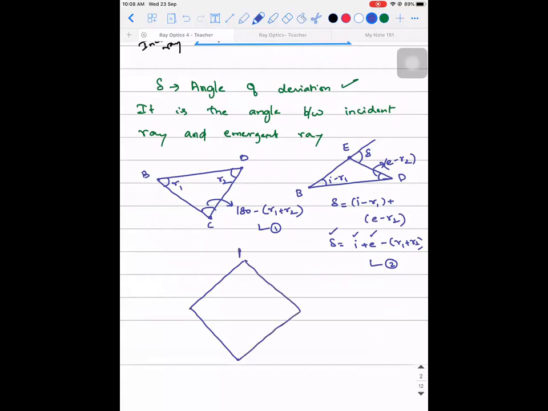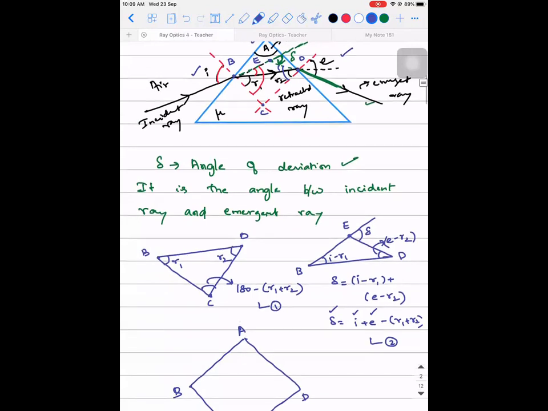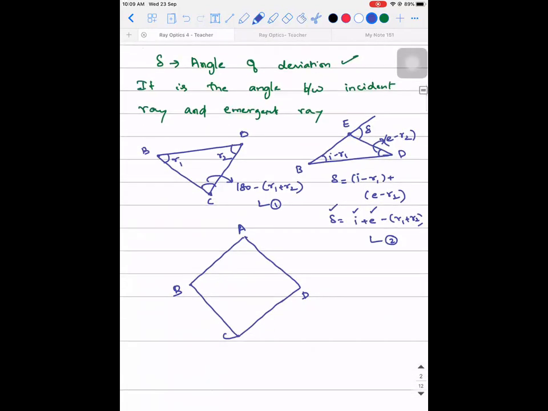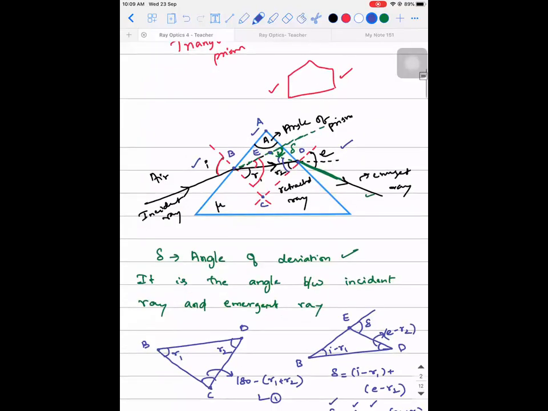Don't think it's a rhombus. It's some random shaped quadrilateral. Okay, ABCD, such that this angle is how much? A. No doubt in that. What is angle C? It is 180 minus of R1 plus R2. Now tell me, what is angle B in the quadrilateral?